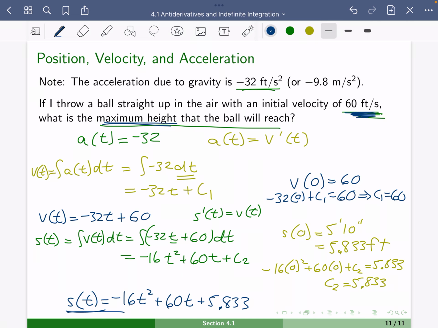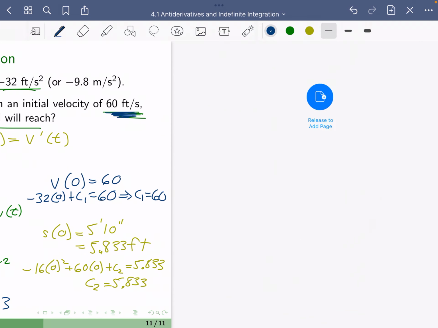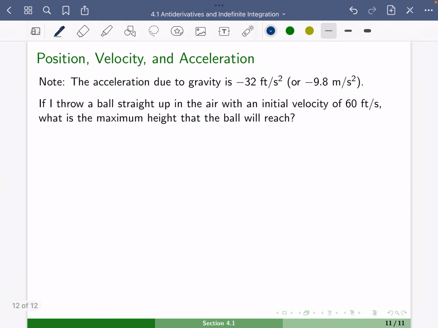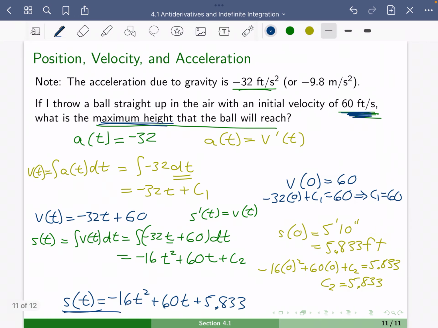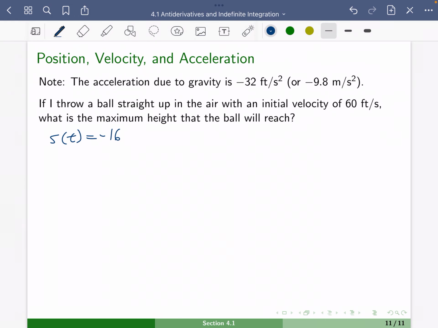Okay, so to find the maximum, we need to take a derivative. So s of t was negative 16t squared plus 60t plus 5.833. If we were to take the derivative, we're getting back to the velocity, negative 32t plus 60.